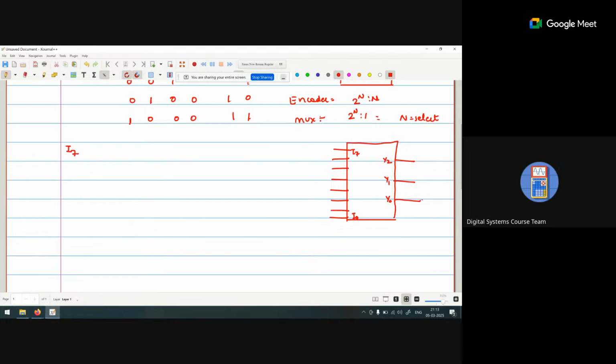Now I7, I6, I5, I4, I3, I2, I1, and I0, with Y2, Y1, Y0. If any of the inputs is 1, the binary representation of that number will be shown in the output. If I1 is 1, that becomes 0 0 1, and the rest are 0.